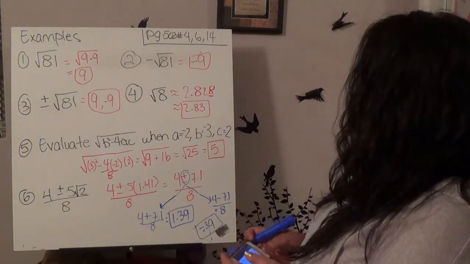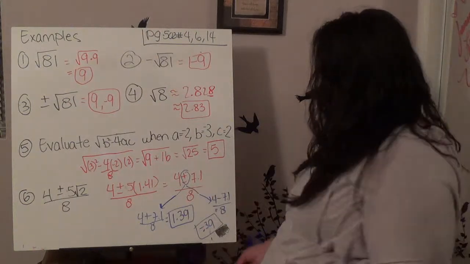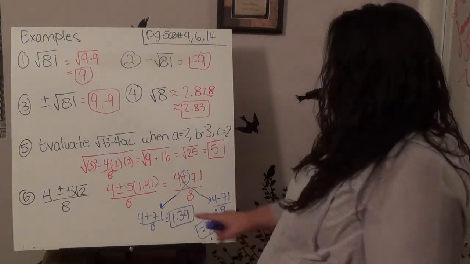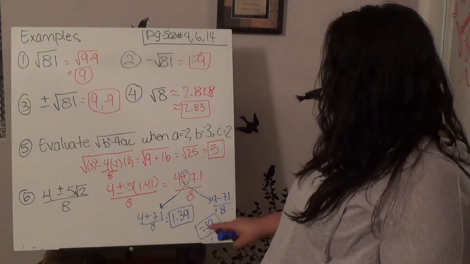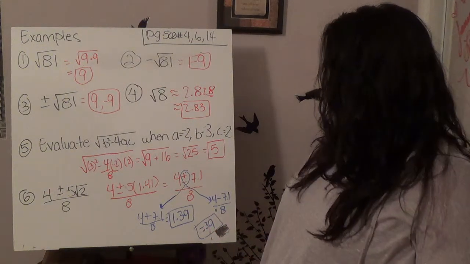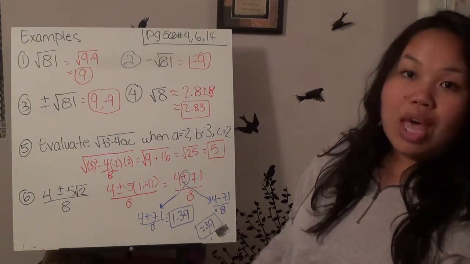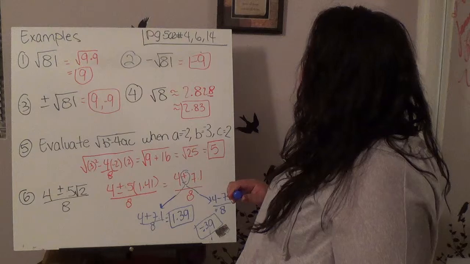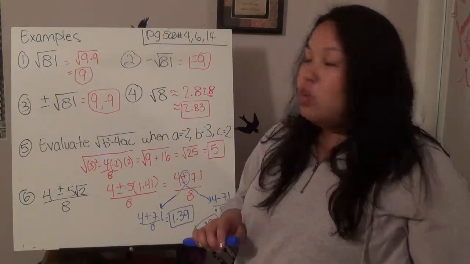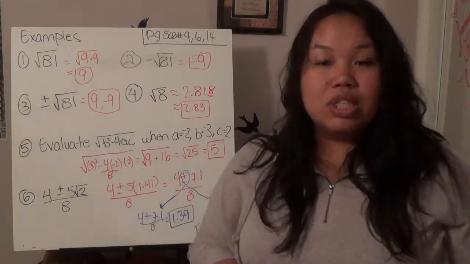So 2 answers on this one because that plus or minus is there. It'd be 1.39 when I add the top, and then negative 0.39 when I subtract the top. So go ahead and write this down. Try page 502, numbers 4, 6, and 14, and I will see you in class.